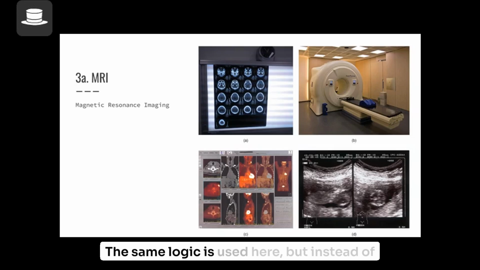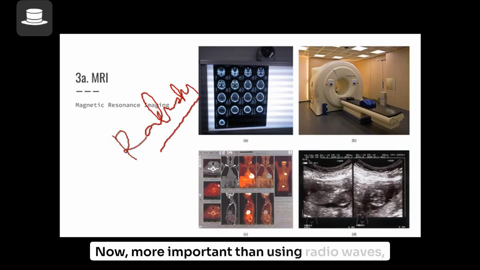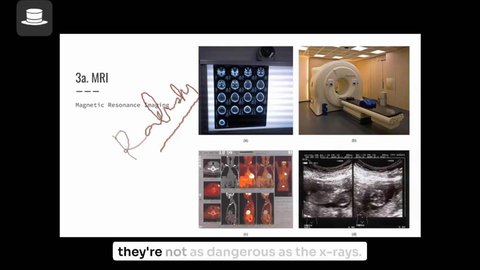The same logic is used here, but instead of using X-rays, MRI uses the radio waves. Now, more important than using radio waves, which are not invasive in the sense that they're not as dangerous as the X-rays, so radio waves are safer than X-rays.